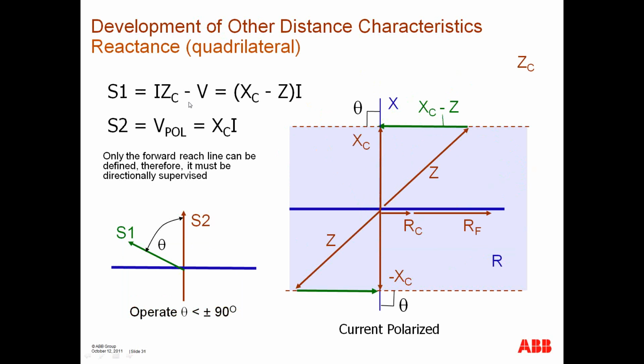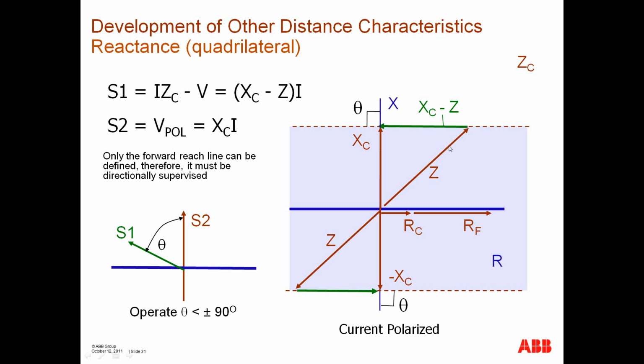And then these are equations related to the quadrilateral characteristic, or let's say the reactance line characteristic. You can readily see that if I just take the imaginary part of the fault impedance, I can compare it with the X setting. At the same time, I can compute this quantity, X setting minus Z, and see where the angle is greater than 90 or less than 90.